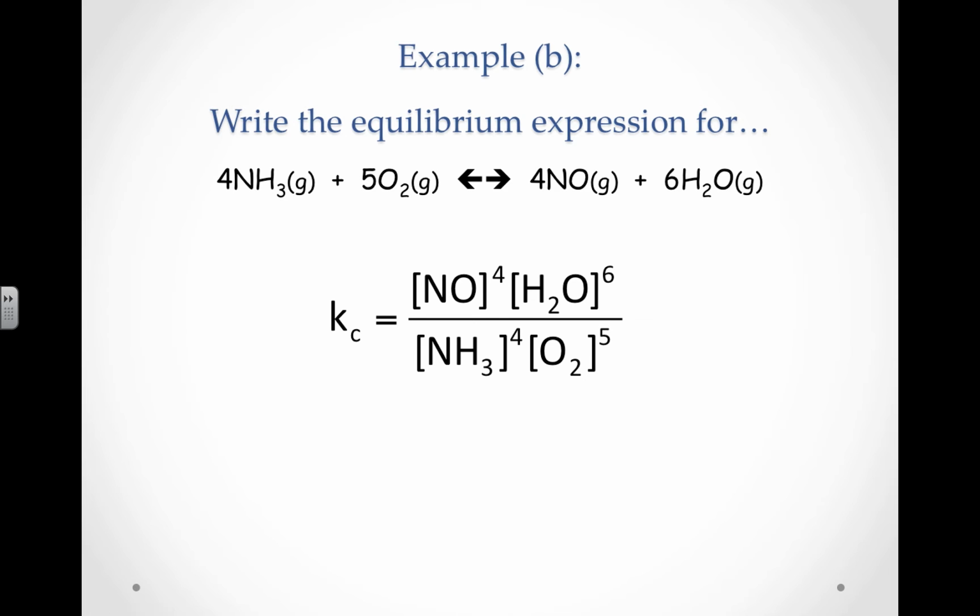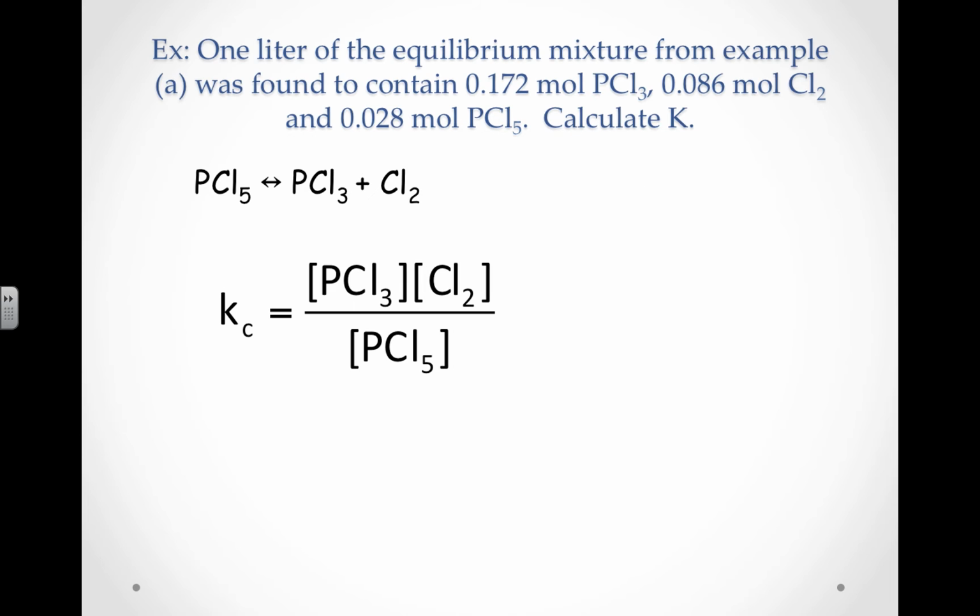Now let's actually try and use one. It says 1 liter of the equilibrium mixture from example A was found to contain 0.172 moles of phosphorus trichloride, 0.086 moles of chlorine, and 0.028 moles of phosphorus pentachloride. Calculate Kc.